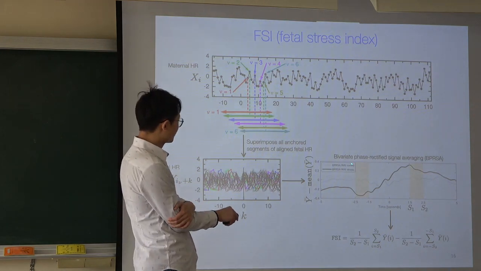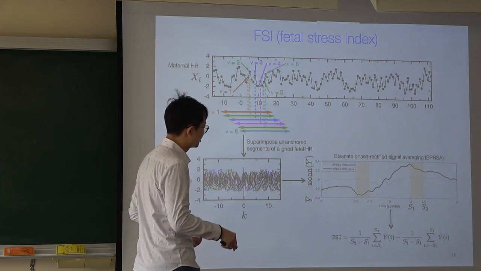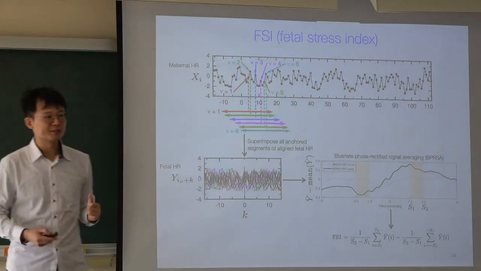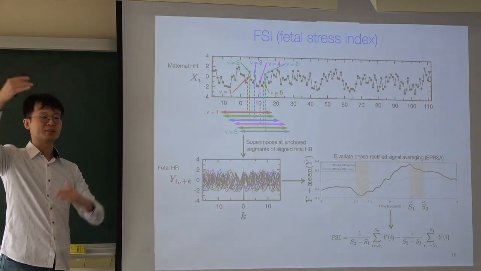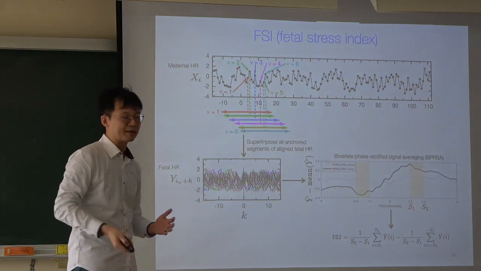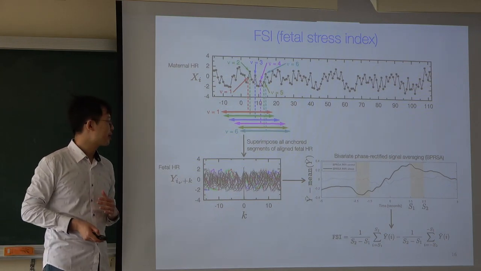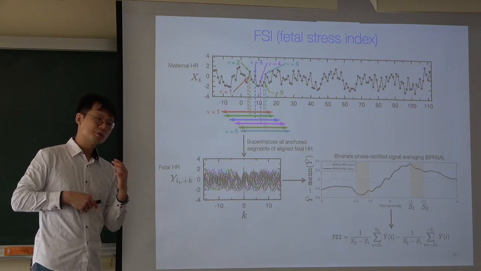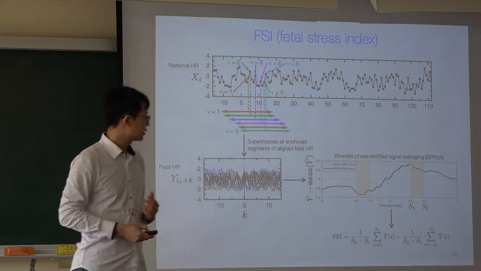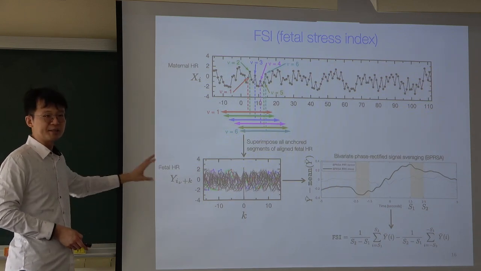So you can define some kind of FSI by just evaluating the difference over two regions, which is trying to quantify if there is some kind of oscillation or dynamical behavior. Mathematically, we do not have a proof yet, but it seems to suggest that we are able to use it to quantify what coupling means and so on. But that is an open question. We are working on it. Hopefully in the future we can get something. But that is the index.